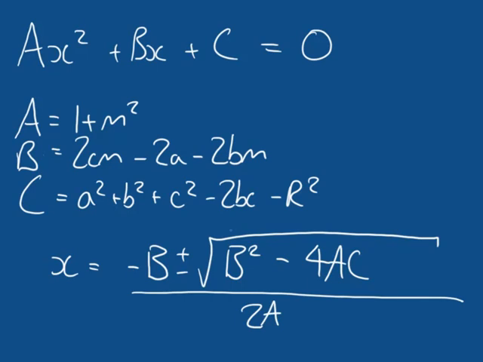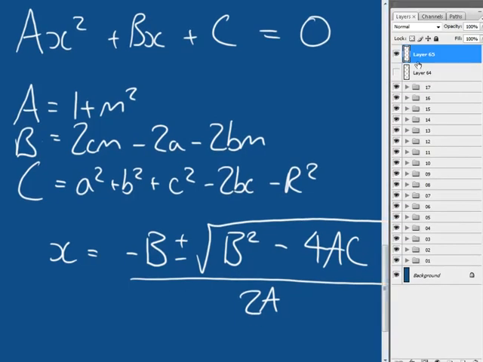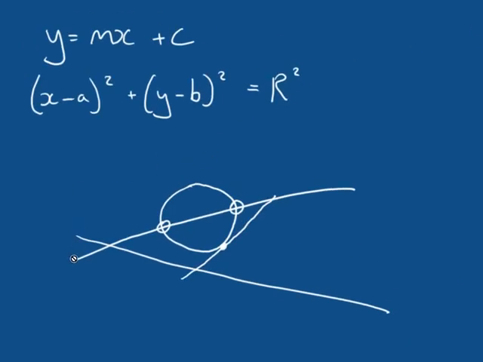So if this value is positive, then we know there are going to be two solutions, plus the square root and minus the square root. Now, this is going to occur when I need my other layer. So when that value is positive, that's going to occur when our line passes all the way through our circle and leaves us with two intersections.